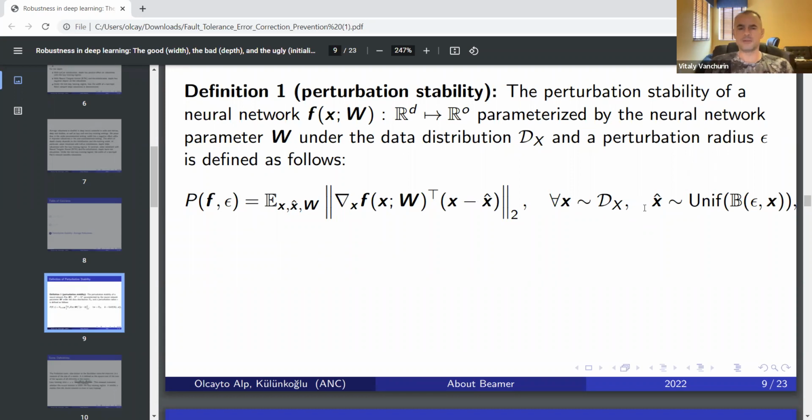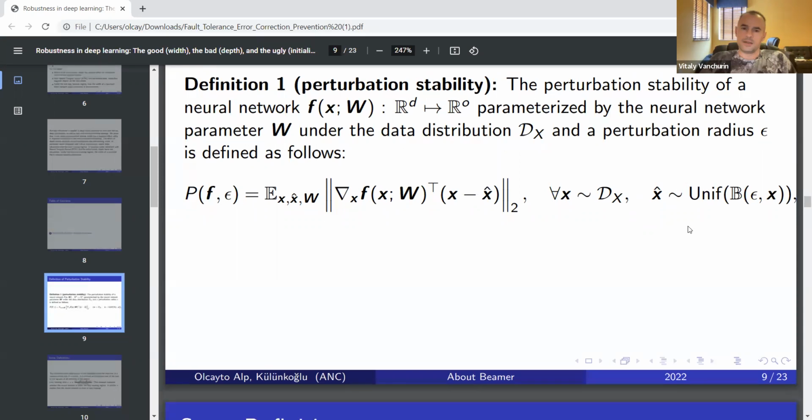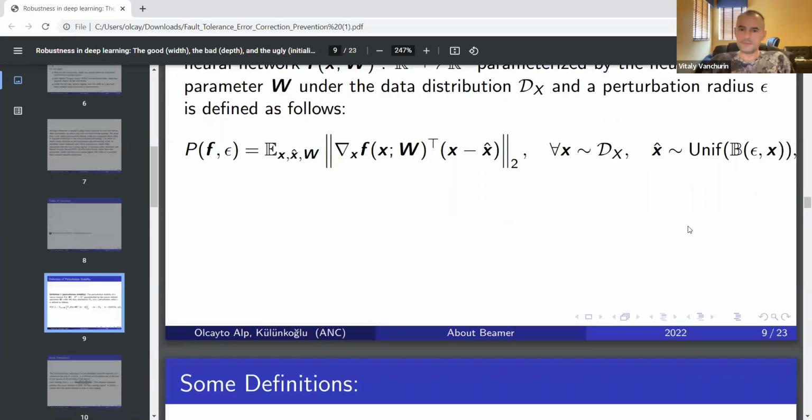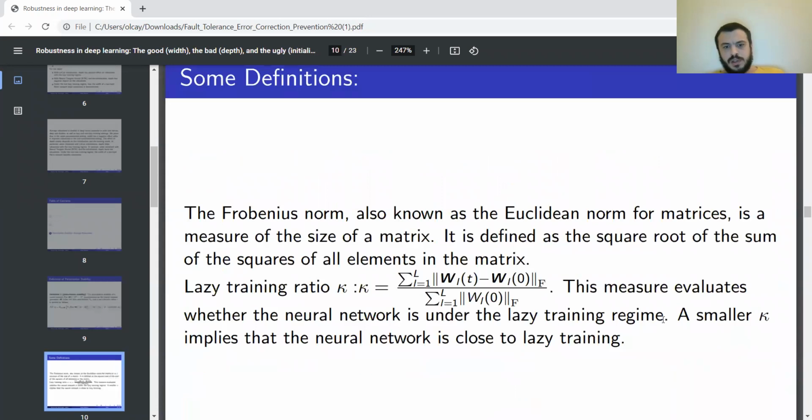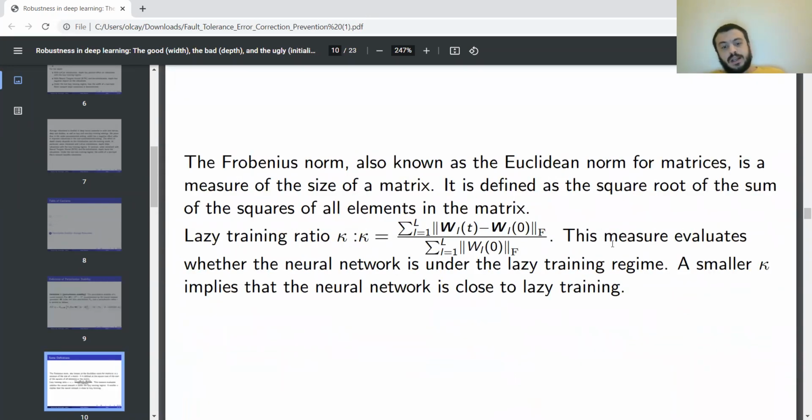Okay, fine. I think I'm starting to get it. So when this is small, we have higher average robustness, and when it is large, lower average robustness. Makes sense.